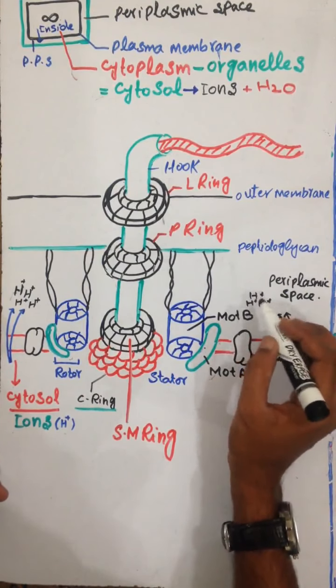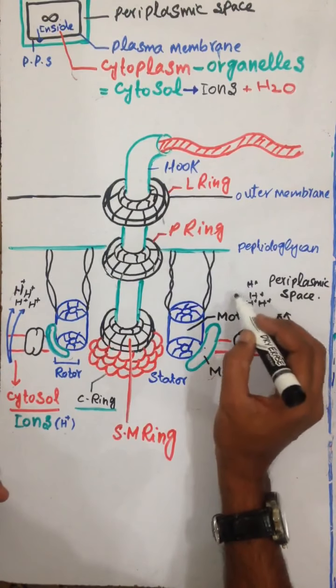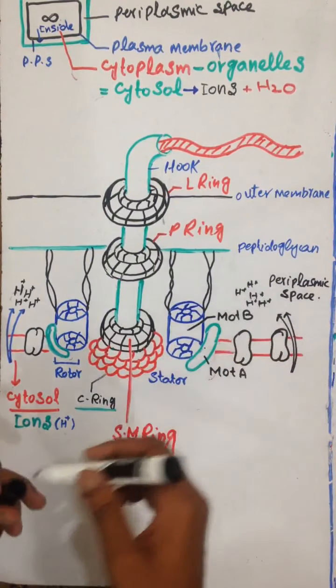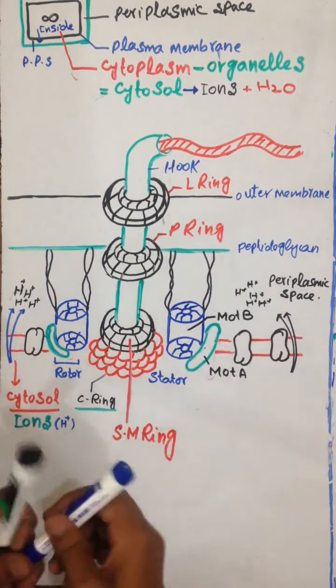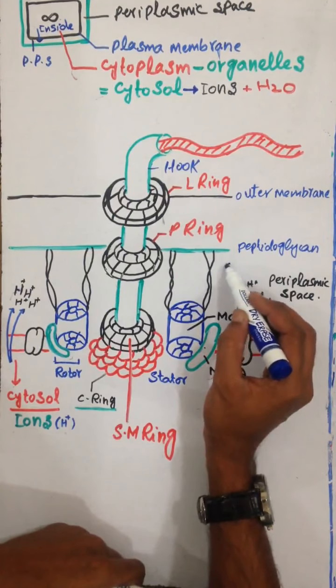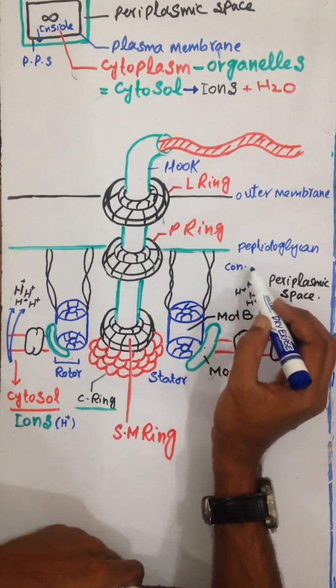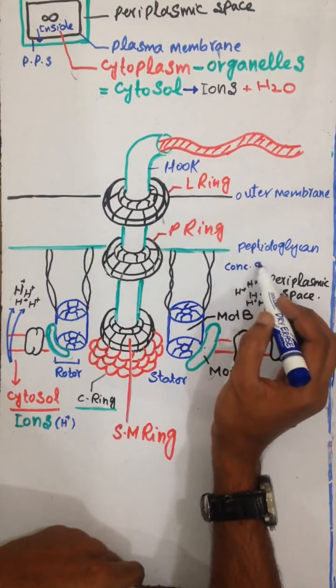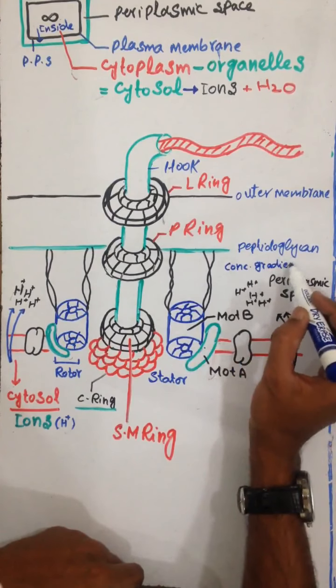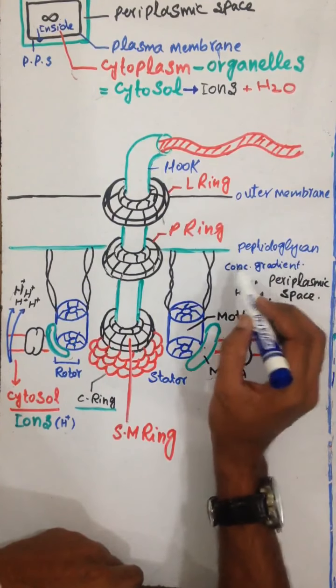So hydrogen ions are being continuously pumped into the periplasmic space, and when there is a higher concentration of hydrogen ions, a concentration gradient is established.